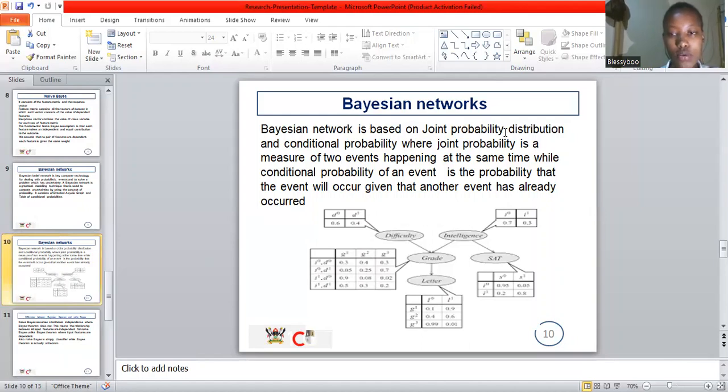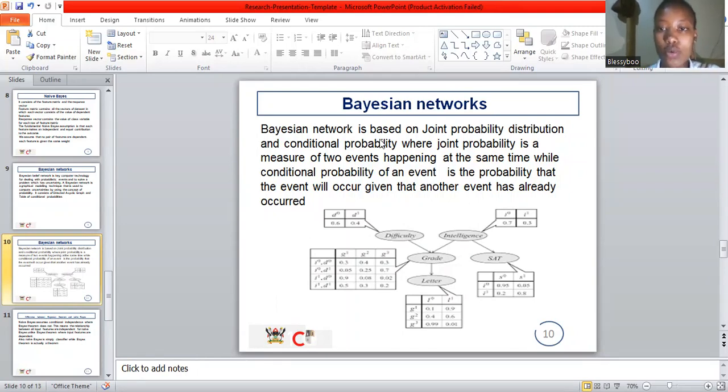Explaining more, it is based on joint probability distribution and conditional probability, where joint probability is a measure of two events happening at the same time, while the conditional probability of one event is the probability that the event will occur given that another event has already occurred, which is almost similar to the Bayesian theorem above.